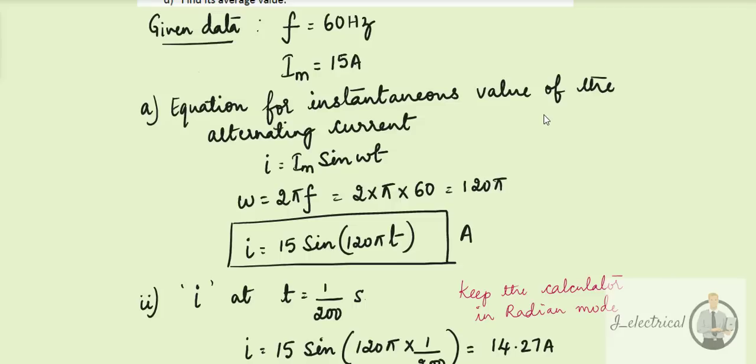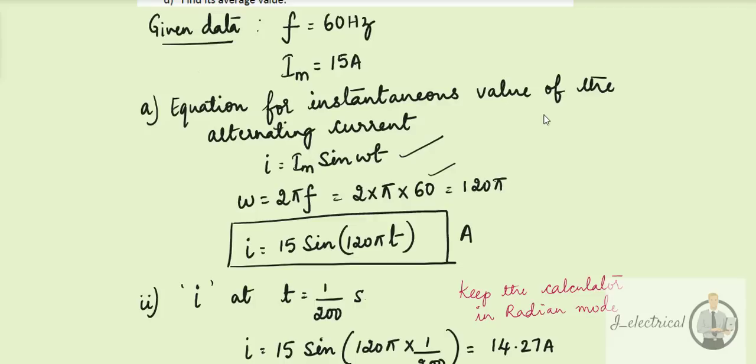The standard form of the instantaneous value of any alternating quantity is given by Im sin omega t. Im is directly given in the problem, wherein you have to calculate omega to use it in the sine function. Using the formula omega is equal to 2 pi f, I substituted frequency 60 hertz, and I got the equation as I is equal to 15 sine 120 pi t.